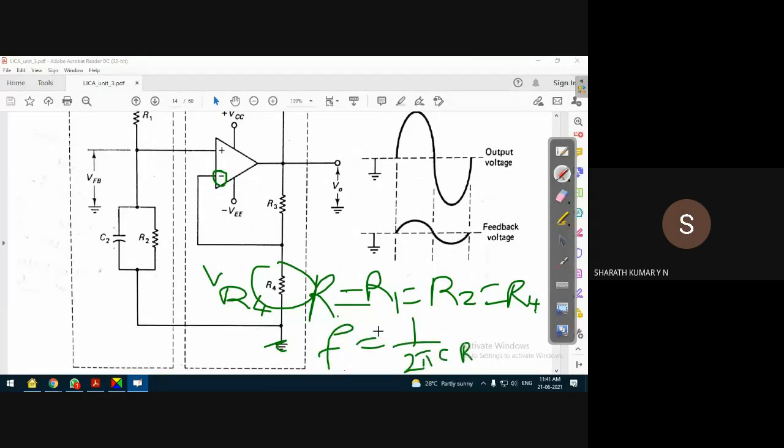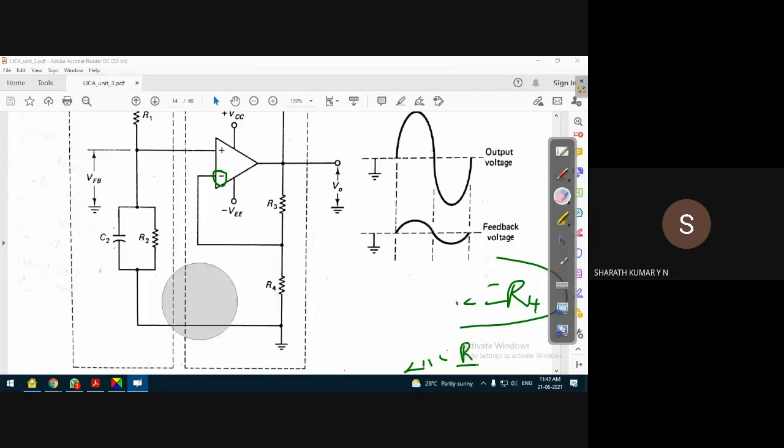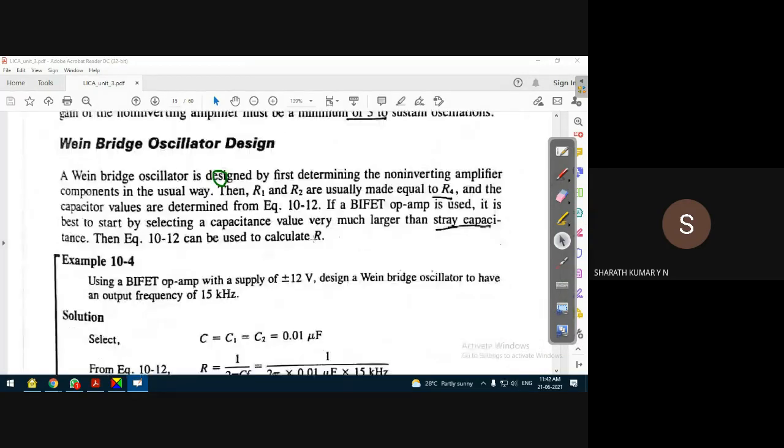Out of C and R, R is determined from this assumption, for a given frequency of operation. Next is selection of the capacitor. For a bi-FET op-amp, we have to select the capacitance first, which has to be very large compared to the stray capacitance.